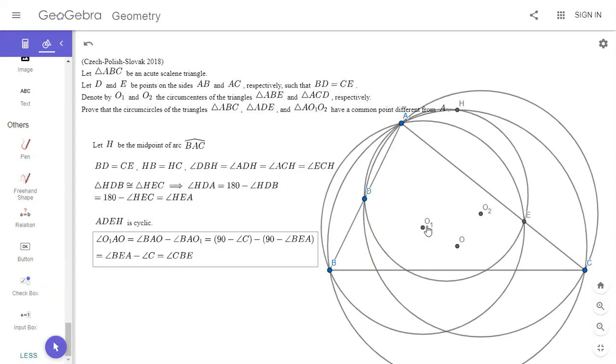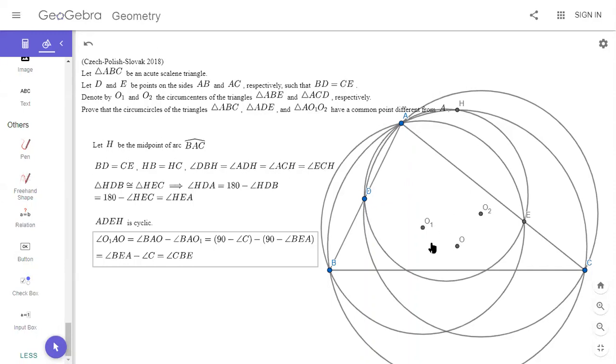Yeah, that angle should be AOO1. Oh, because OO1 is basically perpendicular, I tried to use symmetry.